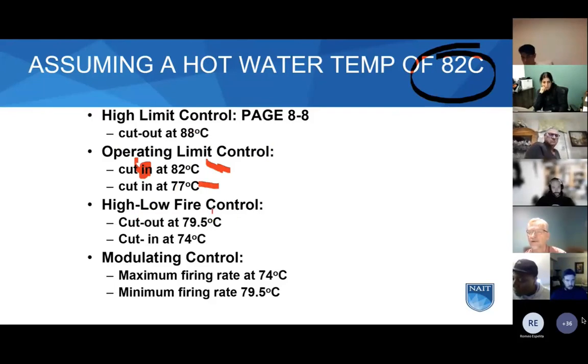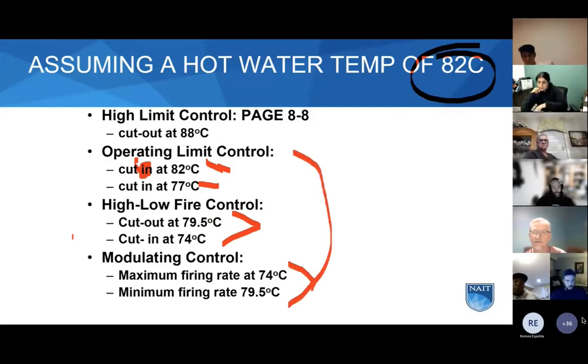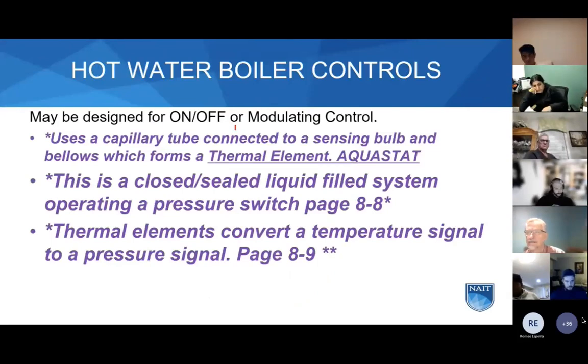If it had high-low fire control, it would be set at these numbers, and modulating control would be like this. And if any of these failed, it would reach that 88 and stop the system. So it might be on-off or modulating control, a specific type of control for hot water heating systems.